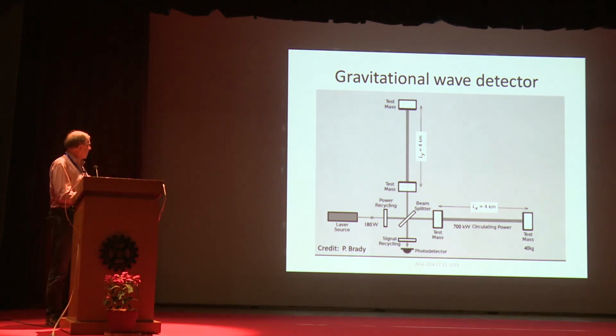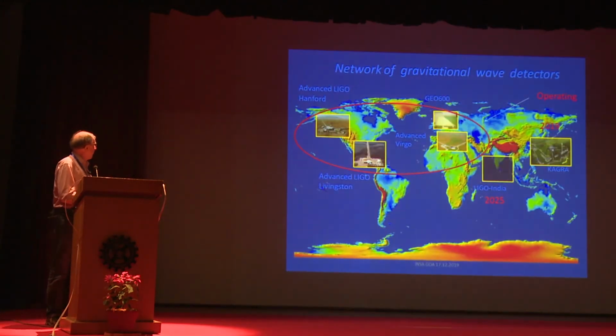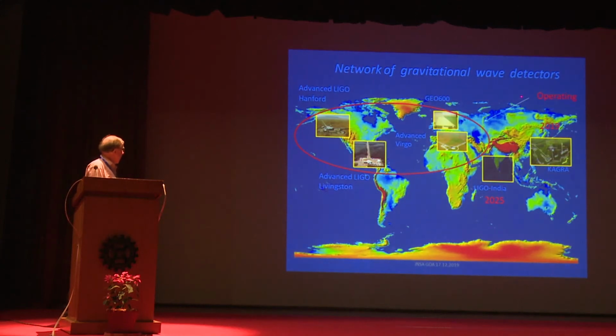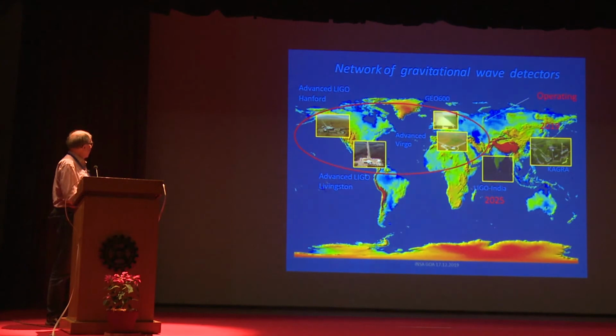So such detectors were built, and now we have a network of detectors. There are several projects. Firstly, there is the LIGO project, which has two interferometers, and there's also an additional smaller detector in Germany. And then there's the Virgo project, which has one such big interferometer.